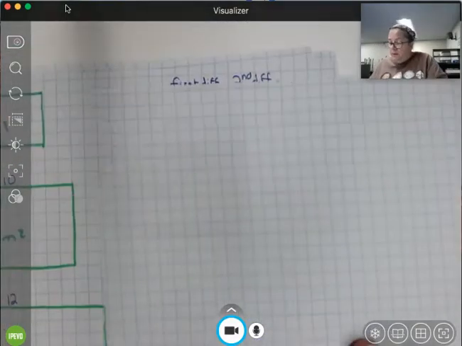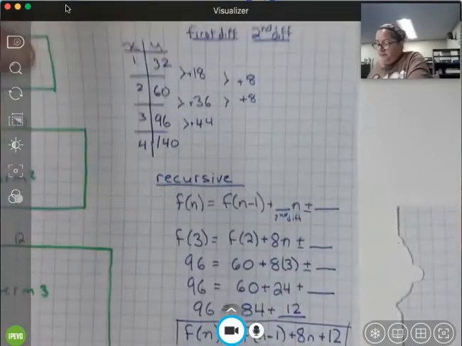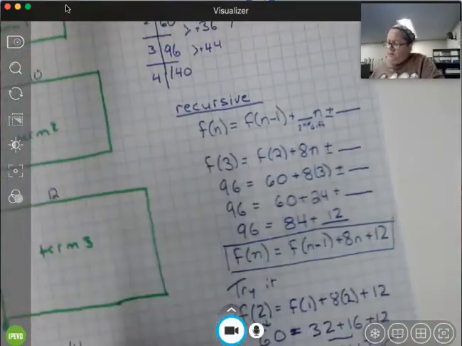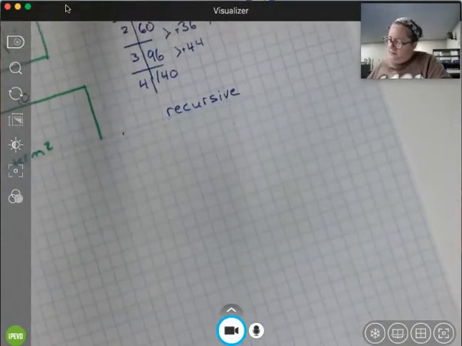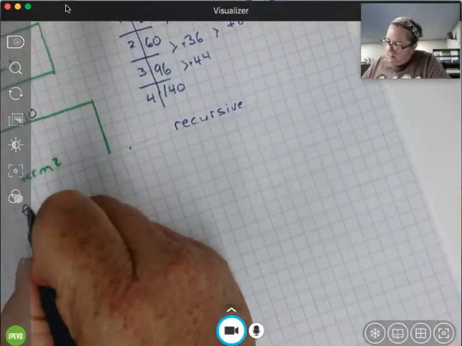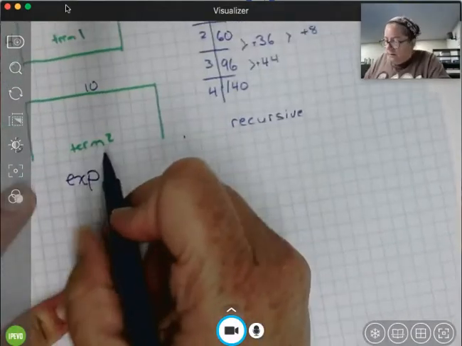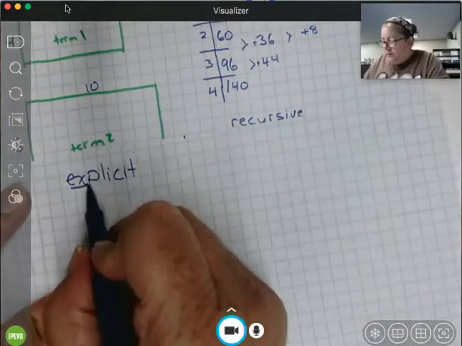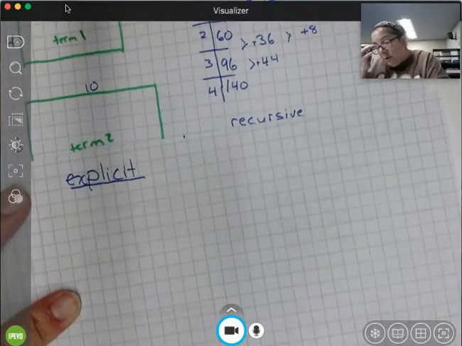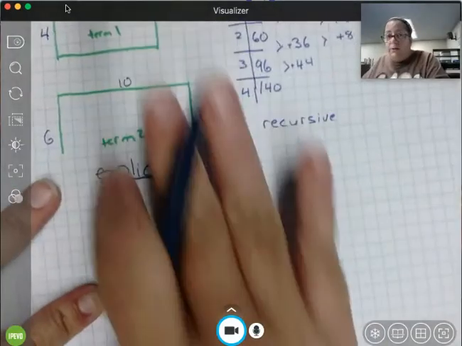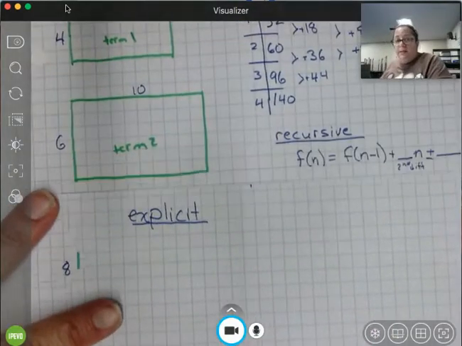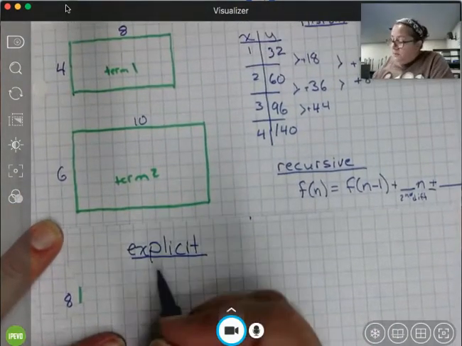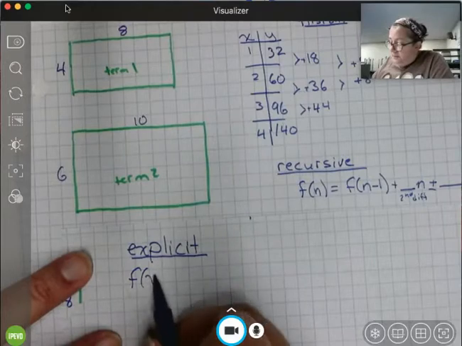So now let's talk about the explicit for this. Remember, these are the explicits that really just kind of work with rectangles. And the goal here really is to get good at our geometry and to see how it relates to quadratics. So our explicit, we know it's going to have f of x.